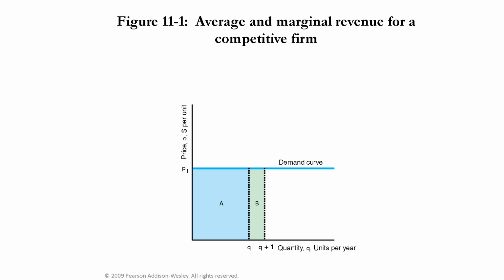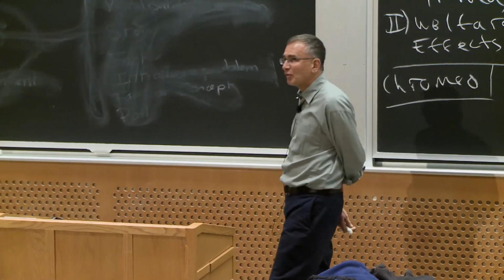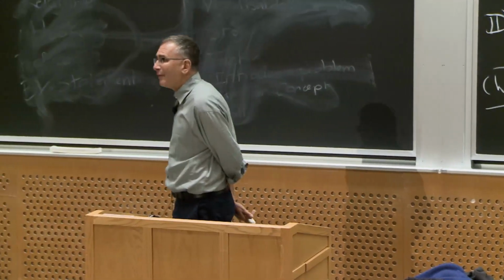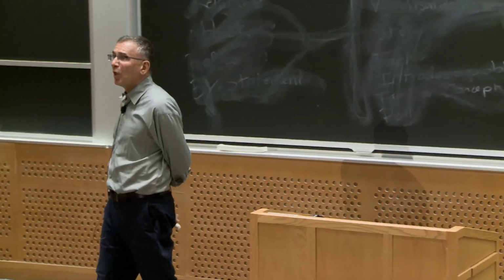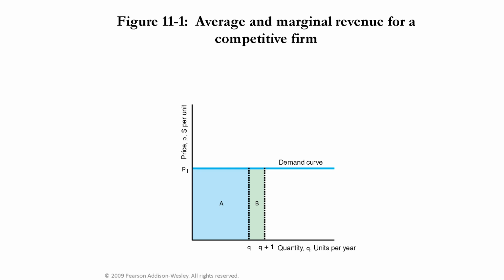So if they sell little q units, they make revenue A. If they sell q plus 1 units, they make revenue A plus B. They add B. Well, we know what B is. The width is 1, and the height is the price. So the marginal revenue from selling the q plus 1th unit is the price. Okay, it's just an illustration of what we learned before.